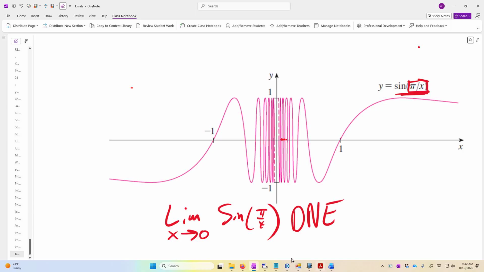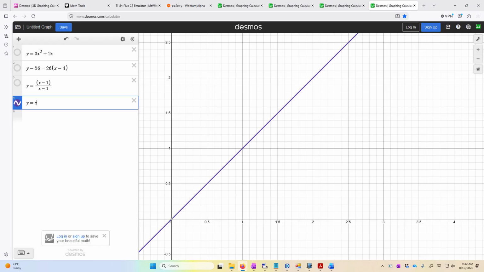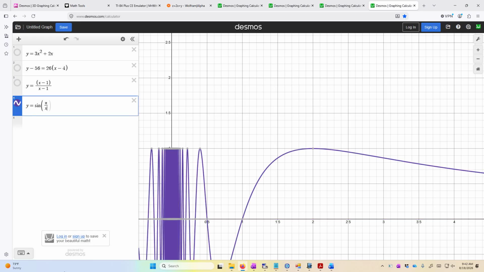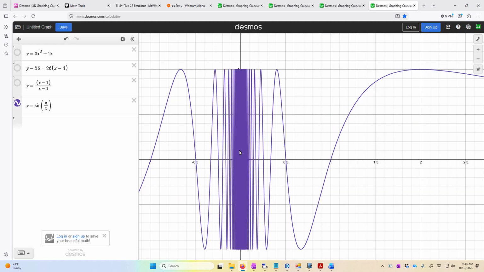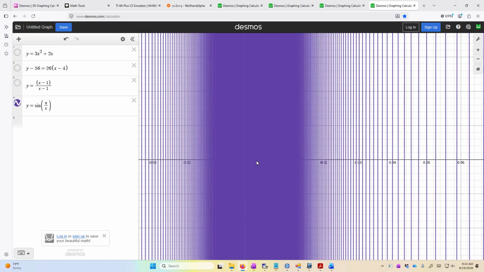It's actually really cool if you look at it on Desmos. The more I zoom in, the more there are.